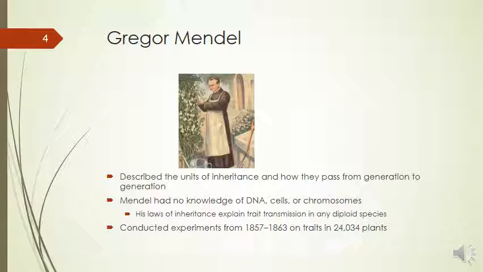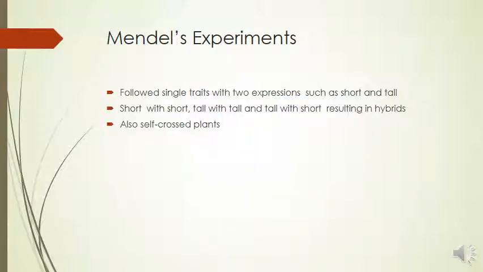And he conducted experiments from 1857 to 1863 on traits in 24,034 plants. In looking at Mendel's experiments, he followed single traits with two expressions, such as short and tall. Short with short, tall with tall, and tall with short, resulting in hybrids.